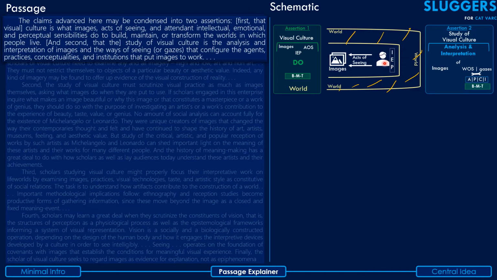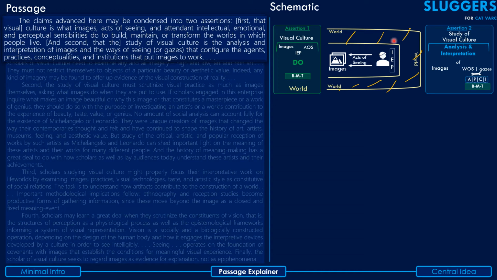So there are three factors involved here. Please pay attention: images, acts of seeing, and the attendant intellectual, emotional, and perceptual sensibilities which are attendant during this process of perceiving the images.